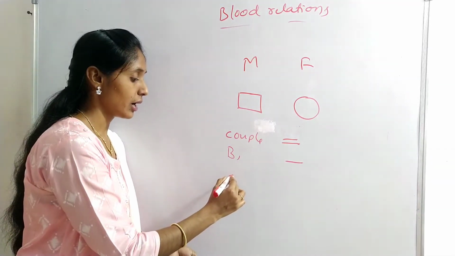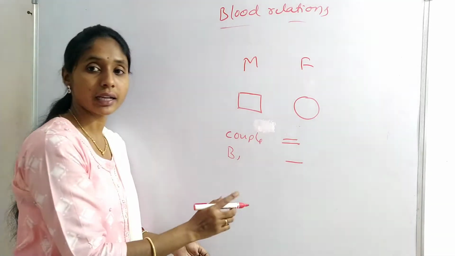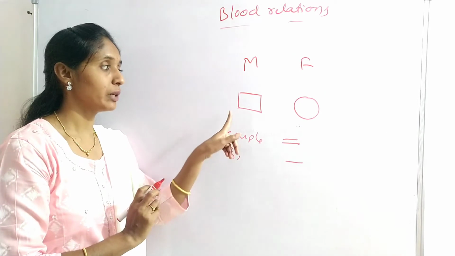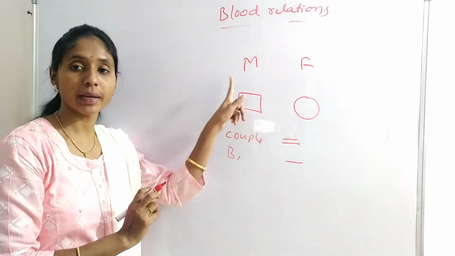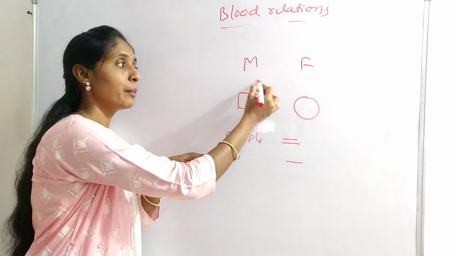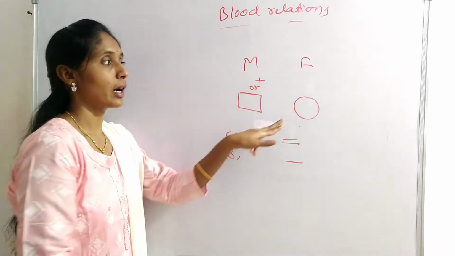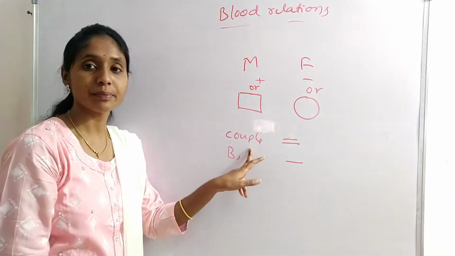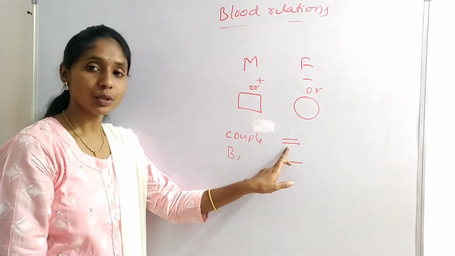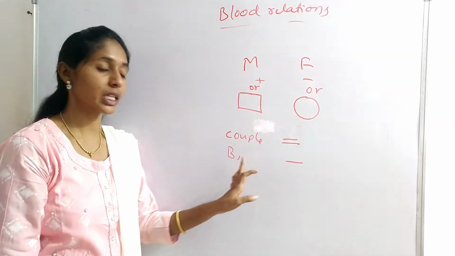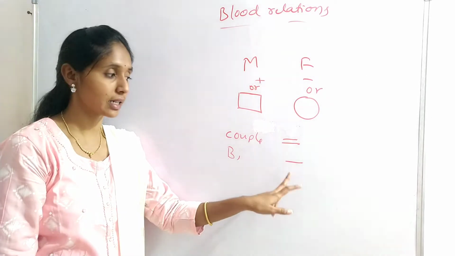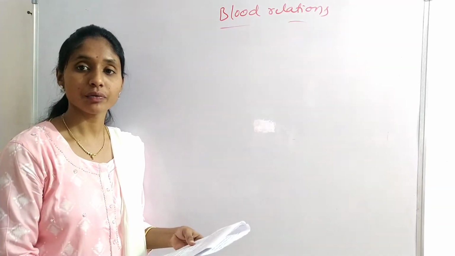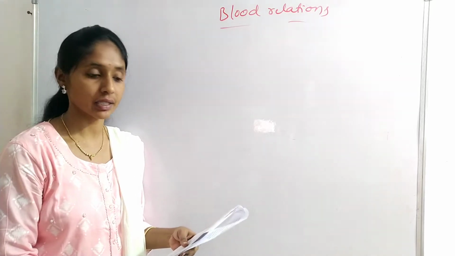The generation gap, as in father and child, is a vertical line. These are the basic key points. Always remember male as box or plus as you wish, and female as circle or minus. Let me see some questions on blood relations.